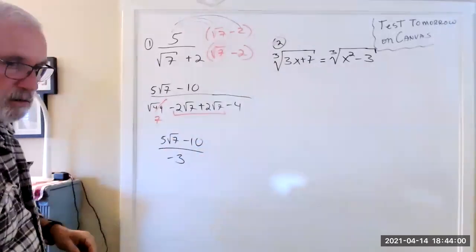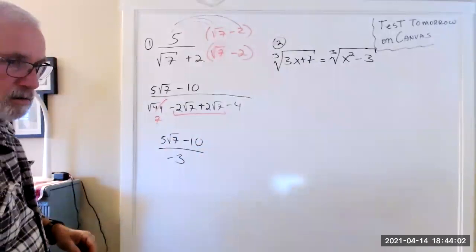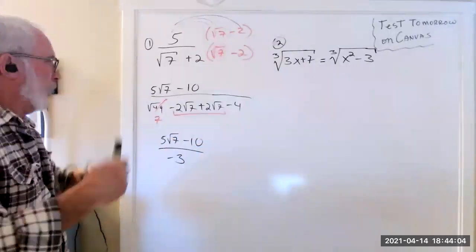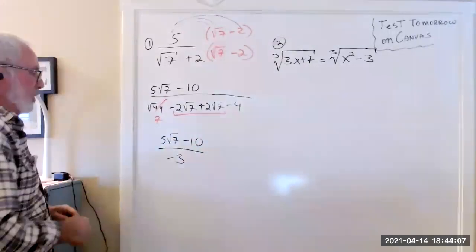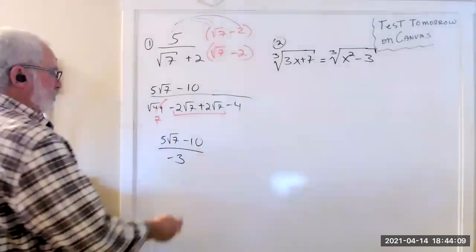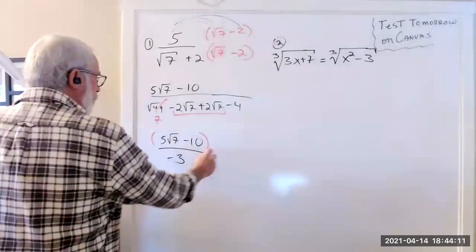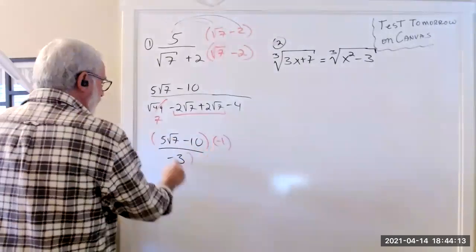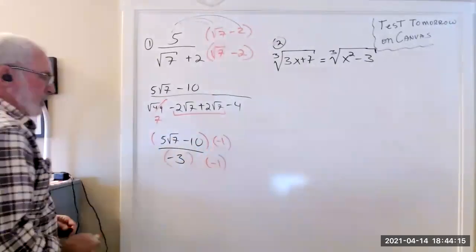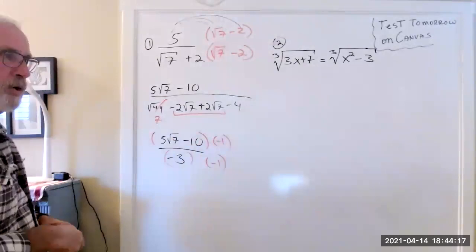All right. Couple things here to talk about. Sometimes people will multiply top and bottom by -1. Why? I don't know. But watch what happens if you do that.